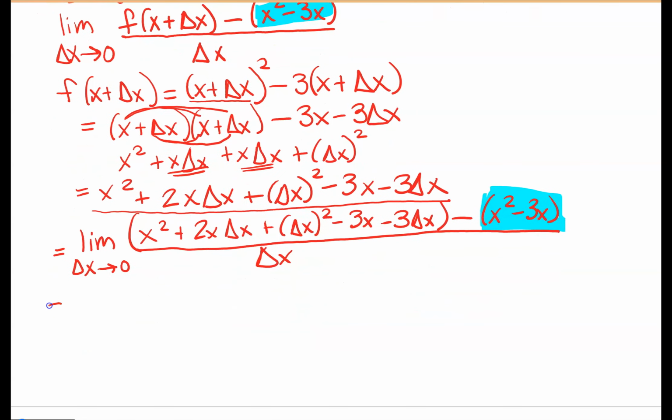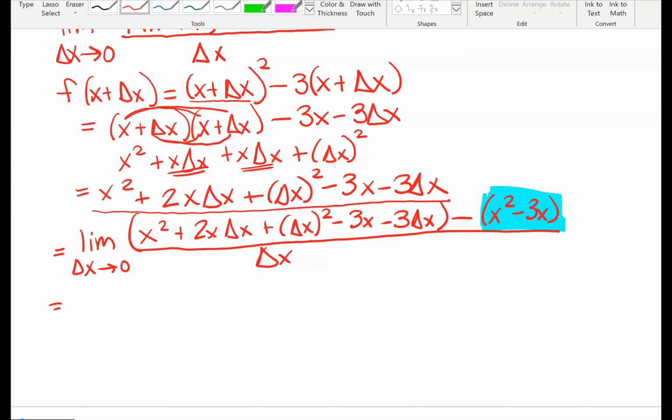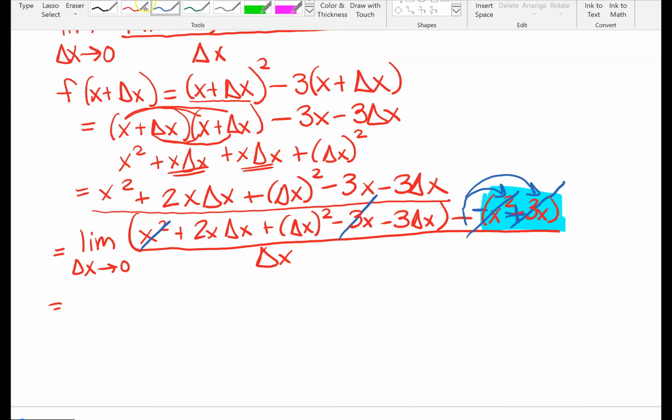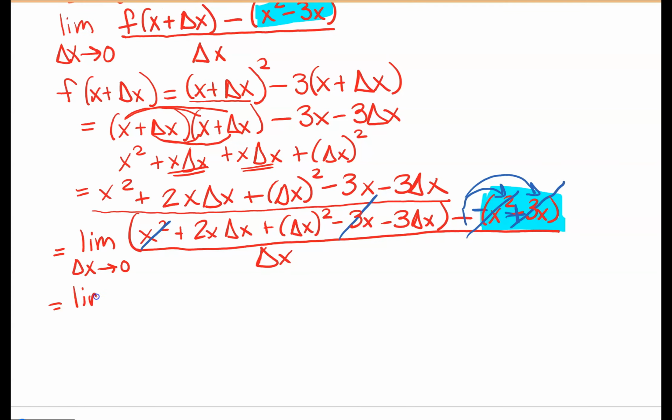So now I'm going to do some simplifying in the numerator. I am going to distribute first of all, which will make this negative x squared and positive 3x. So I notice right away the 3x's will cancel and the x squareds will cancel. Okay, that's good. Simplifying already without me having to really do anything.